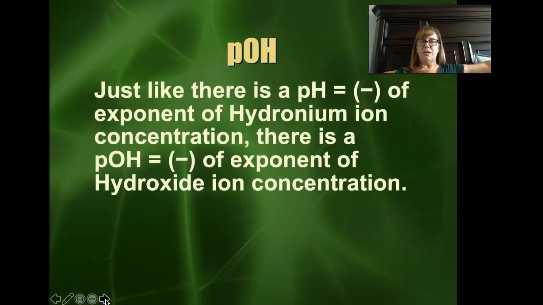Okay, let's look at this thing called pOH. If pH was the power of the hydronium ion, I hope you're thinking pOH is the power of the hydroxide ion. Just like pH, pOH is the negative log of the hydroxide ion.